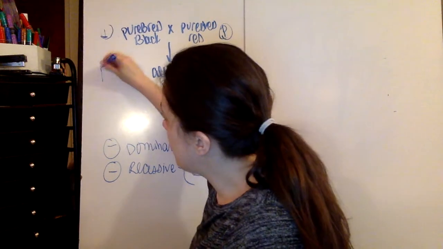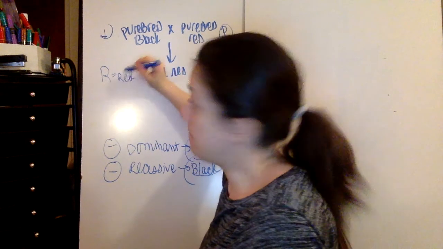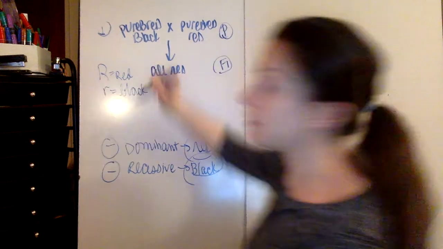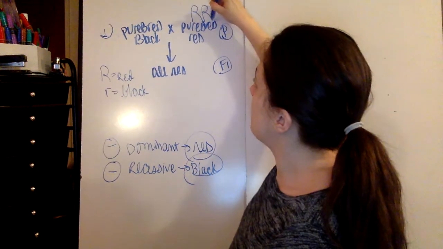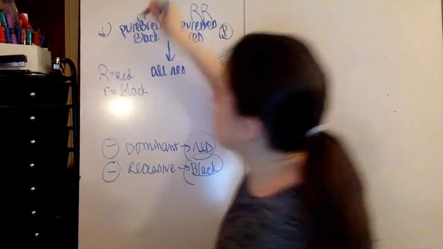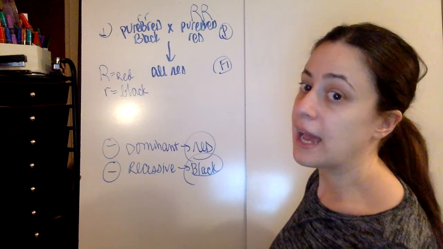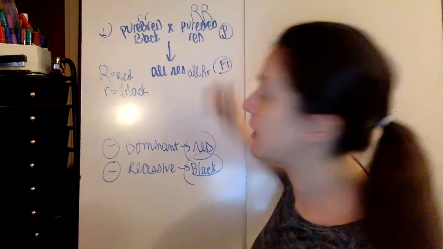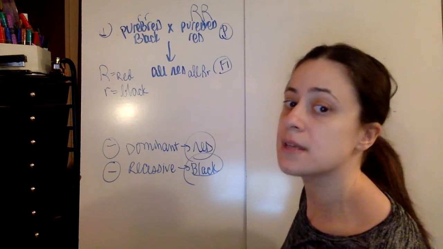So we can say that big R is for red, and little r is for black in this case. Here's our purebred red, here's our purebred black in the P generation, and in the F1 generation, we can note that they are all heterozygous, similar to Mendel's studies.